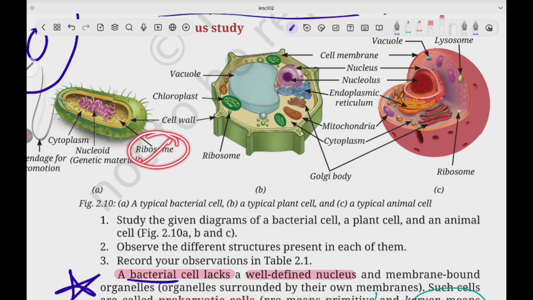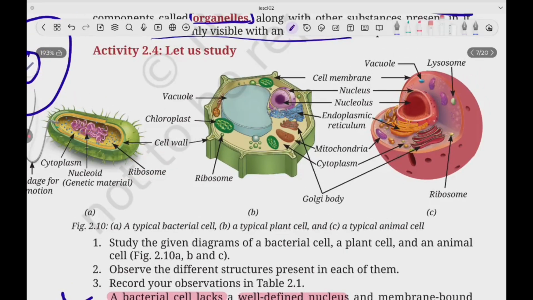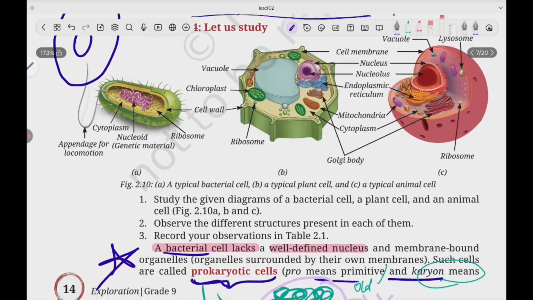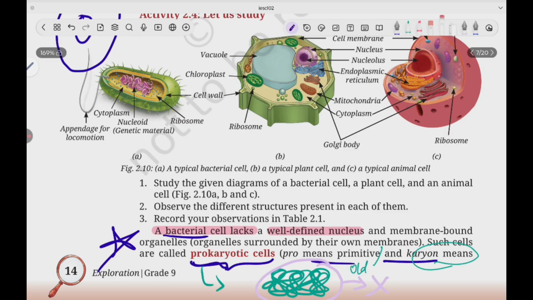The bacterial cell only has ribosomes, whereas plant and animal cells have lysosome, ribosome, vacuole, endoplasmic reticulum, mitochondria, Golgi body, chloroplast, and vacuole. Why does the bacterial cell not possess all these cell organelles? We will learn about this in this video.